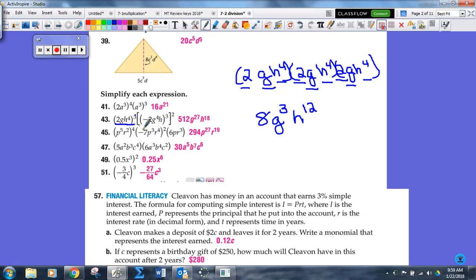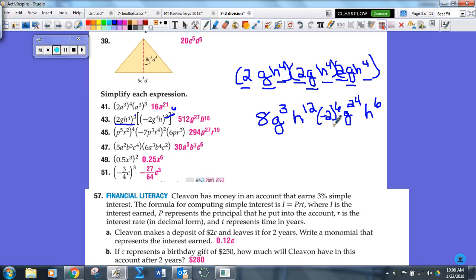So first doing the outermost power to power, that's going to give me a power of 6 by multiplying 3 times 2. Now I apply that to everything. So I have negative 2 to the 6th, g to the 24th, h to the 6th.